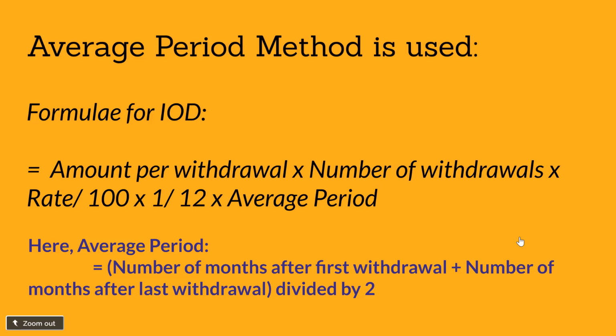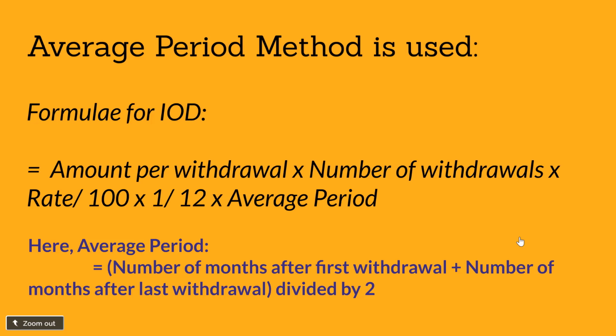The average period formula is given as: the number of months after the first withdrawal, that is the number of months from the first withdrawal to the end of the accounting period, plus the number of months after the last withdrawal to the end of the accounting period.